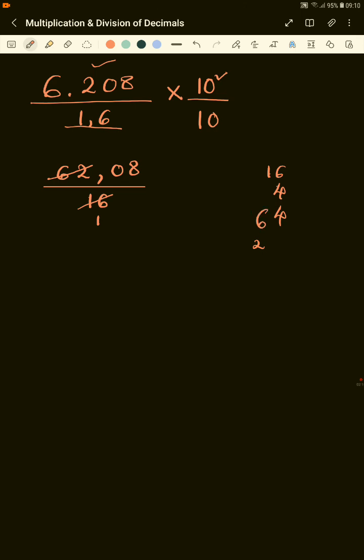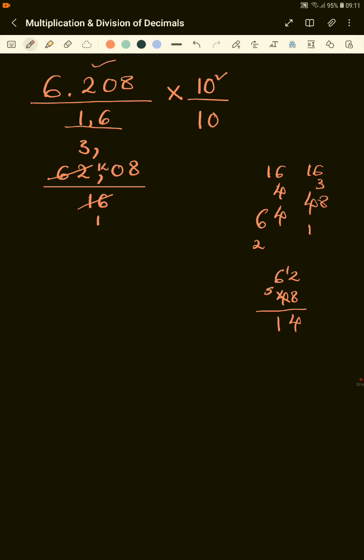So we try 16 times 3, which is 48. So 16 into 62 is 3. Remember, we say 62 minus 48, and here we get 14.